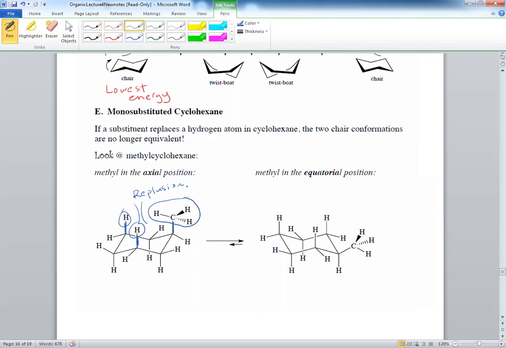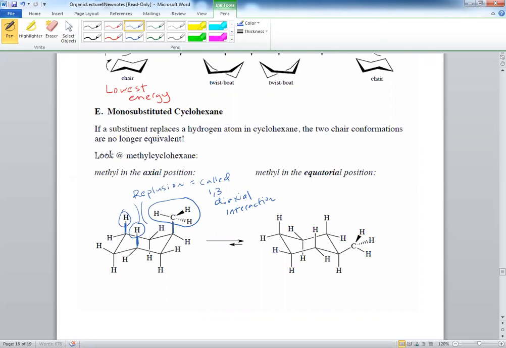So this repulsion is what we call a 1,3-diaxial interaction.